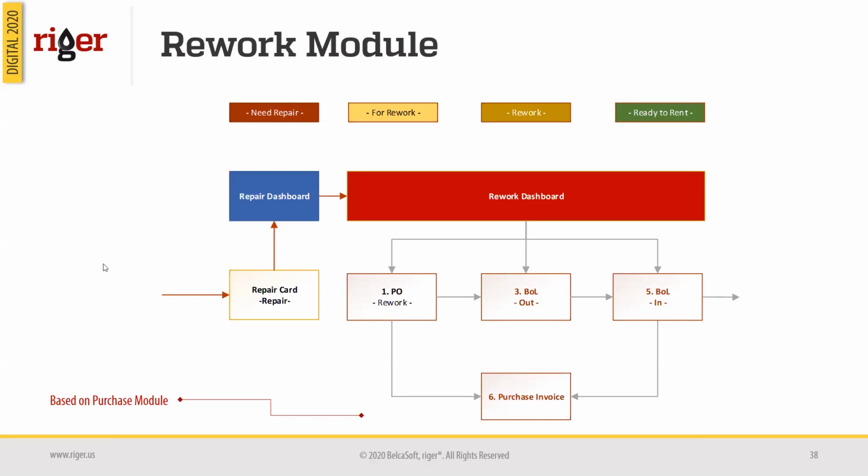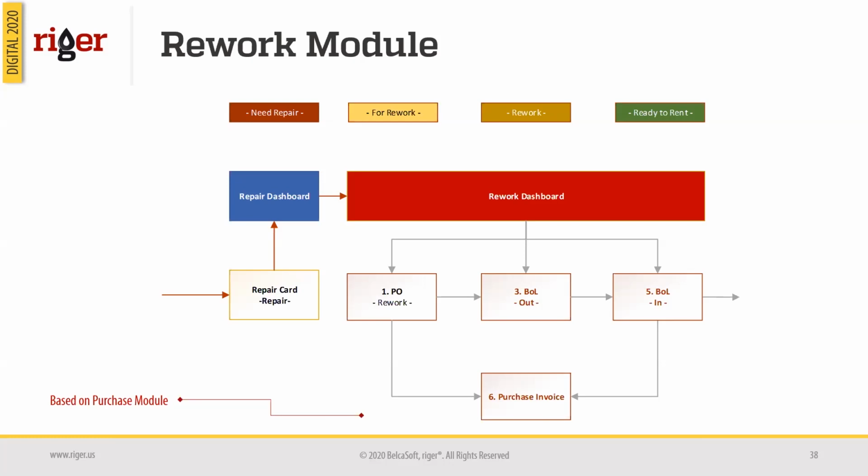And after the repair card repair, the item goes from the repair dashboard to the rework dashboard with full rework status. They generate a rework PO combining different rework items and send it to the vendor.